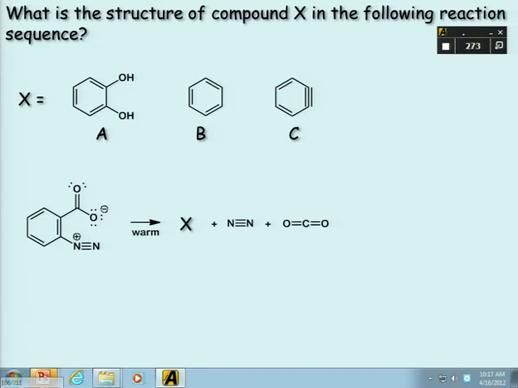Which one do you like? I wouldn't choose that one.